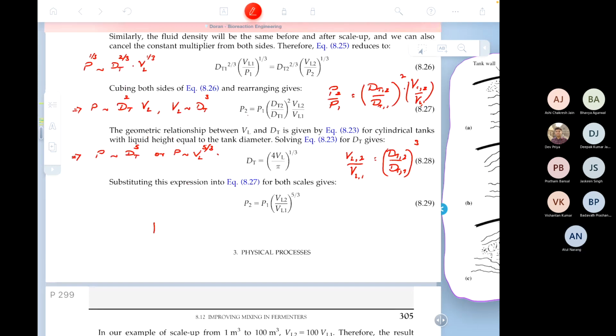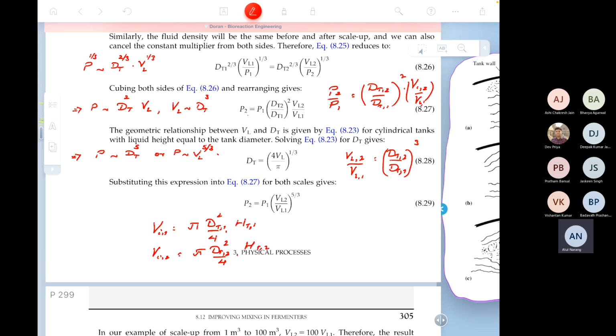The volume we know to be equal to, let's say, pi dt squared over 4 multiplied by ht, and let's say this is VL1 and this is VL2, equal to pi multiplied by dt2 squared divided by 4 multiplied by ht2. In fact, everything scales as some power of the diameter.